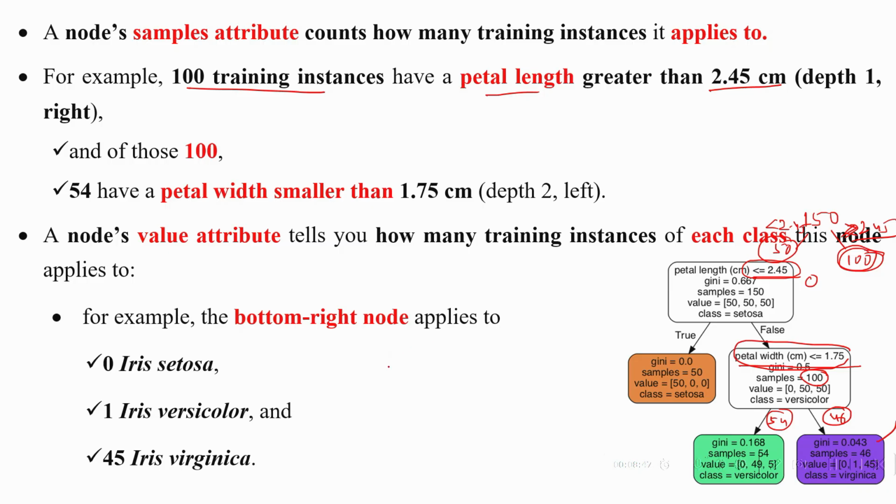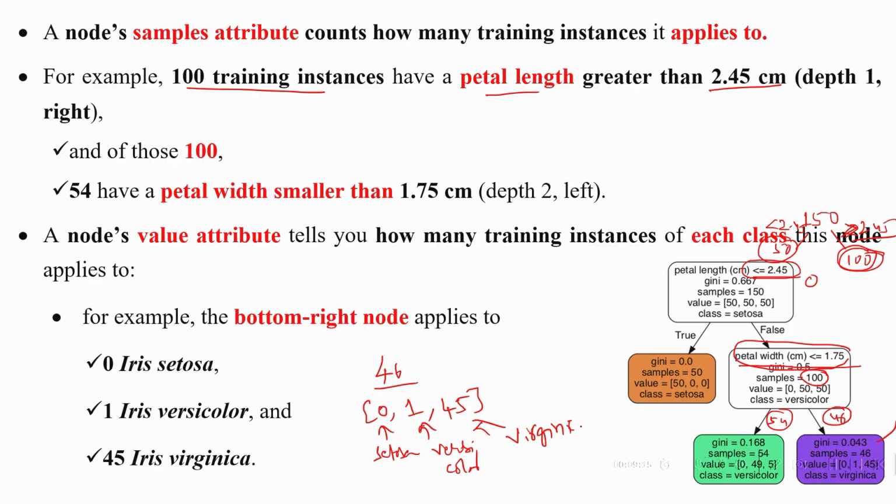That means out of 46 elements, 0 belong to setosa, 1 belongs to versicolor, and 45 belong to virginica.